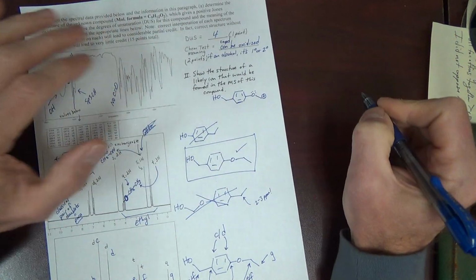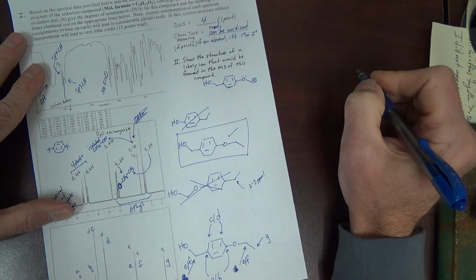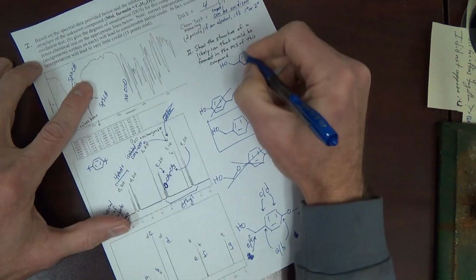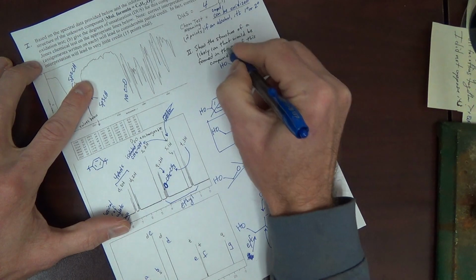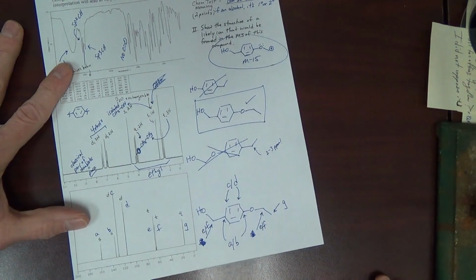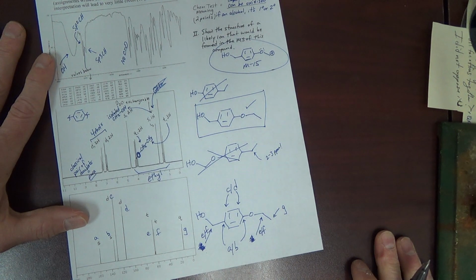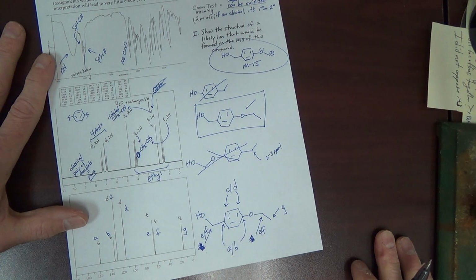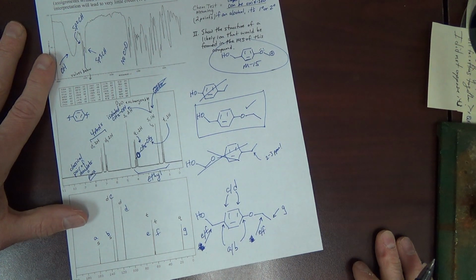We could show a resonance structure if we would like. This is M-15. So that ion is quite likely in the mass spec.